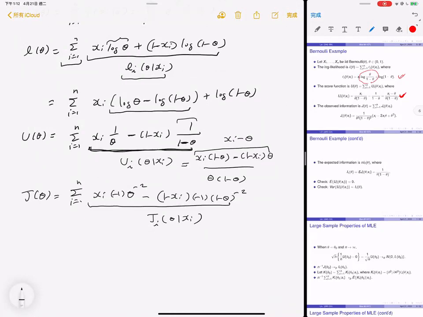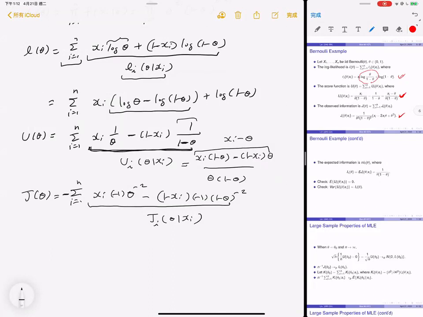Okay, then of course you can keep simplifying that to combine together to become this. Really nothing but recombining. Of course, forget about the minus term right here, it becomes your J theta. That's critical. Otherwise, you have a negative information, which doesn't make sense at all.